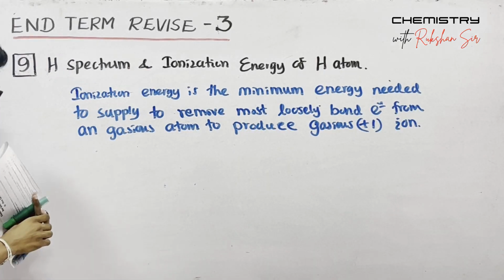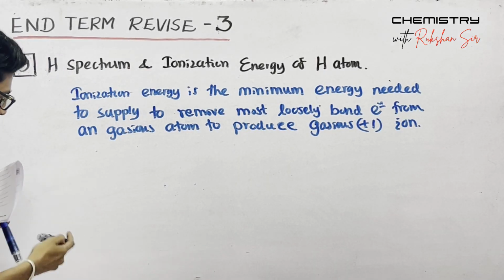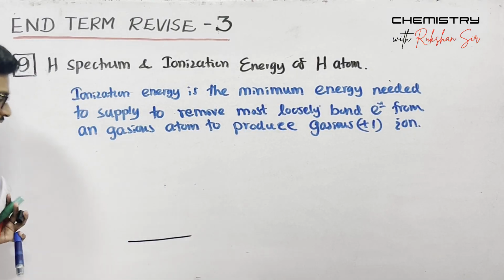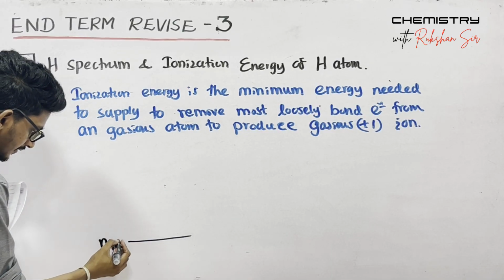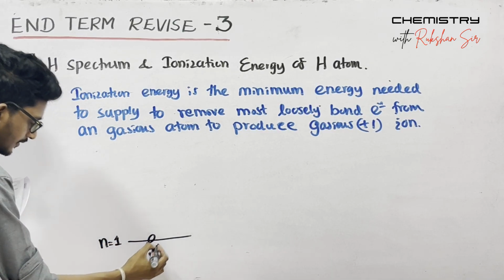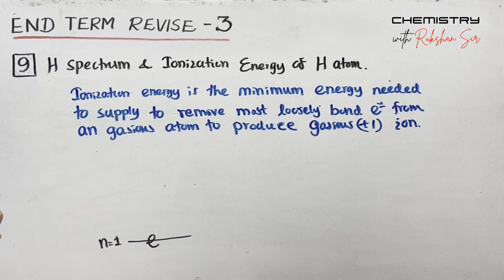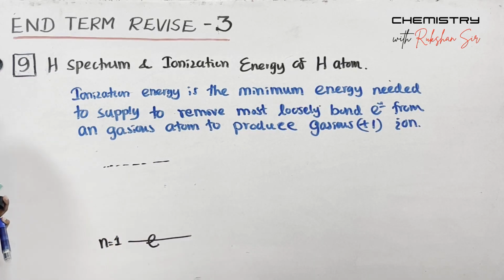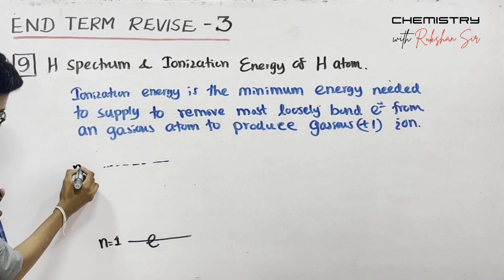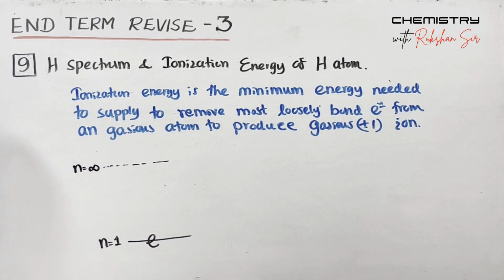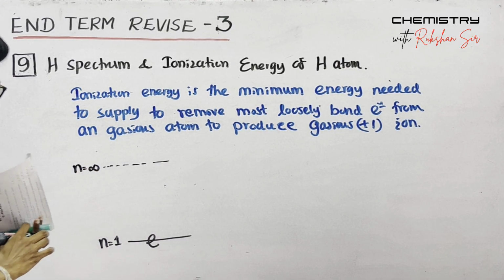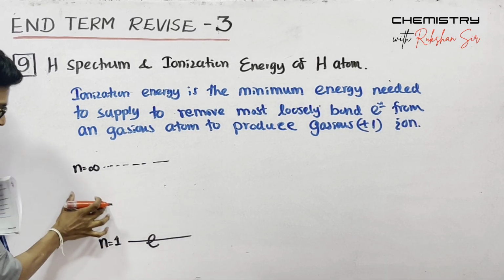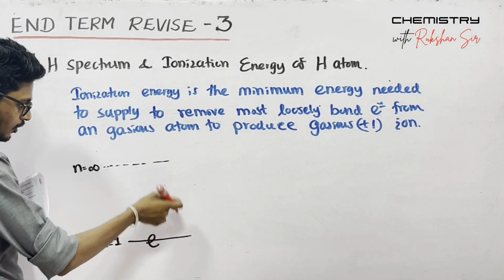When it comes to hydrogen, as hydrogen's ground state electron appears at n equals 1, to eject that electron out from the atom, we have to excite that electron towards n equals infinity. So you have to provide energy to release this electron.